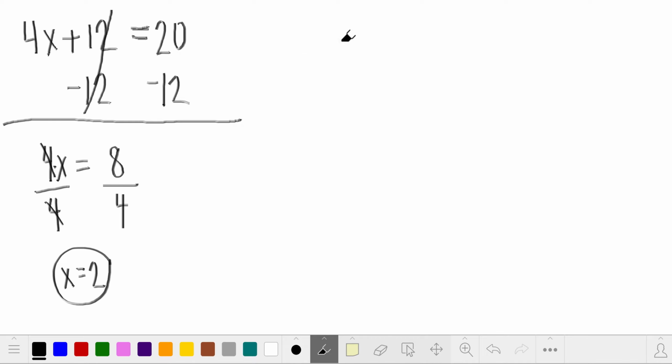A couple things I want you to be mindful of. In this first step, I subtracted 12 from both sides. I did it vertically, but you could also subtract horizontally. So you could do something like this.